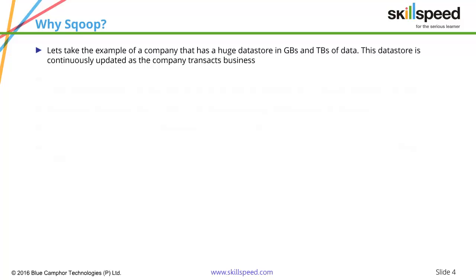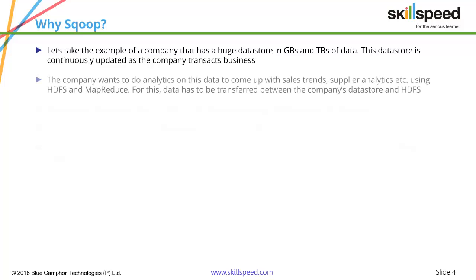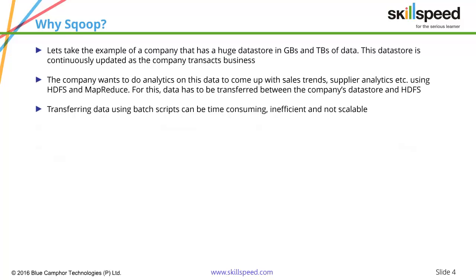So when you bring all this into a Hadoop ecosystem, the real problem that you are going to have is how do you copy the tables or the database from the RDBMS into Hadoop? Now, you can definitely write a script to do so, but that will be time consuming and ineffective.